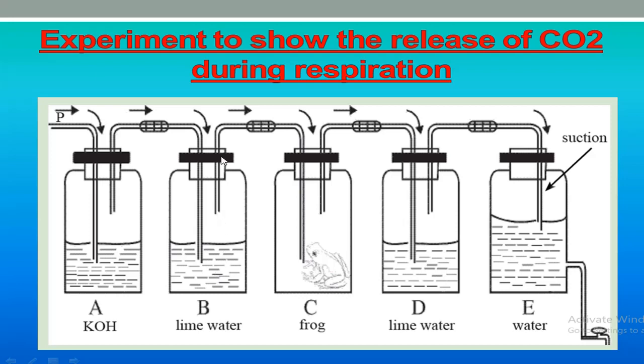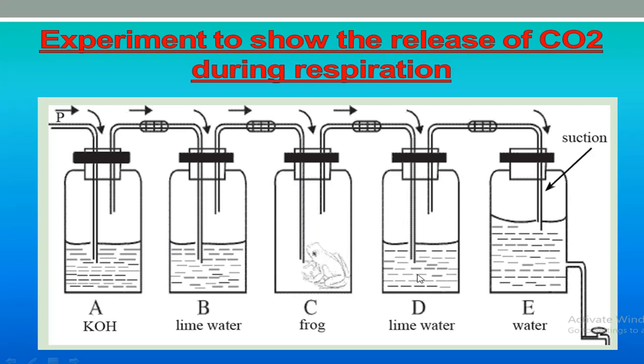After that, air goes from B to C. Here there is a frog. The frog emits carbon dioxide during respiration. This carbon dioxide flows from C to D. D contains lime water. The lime water contained in vessel D turns milky due to carbon dioxide.